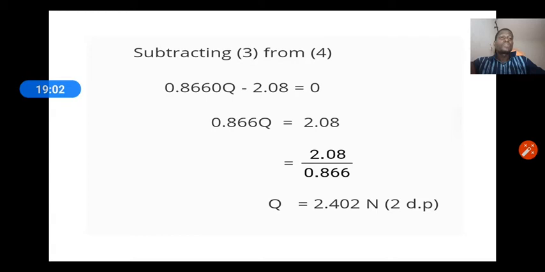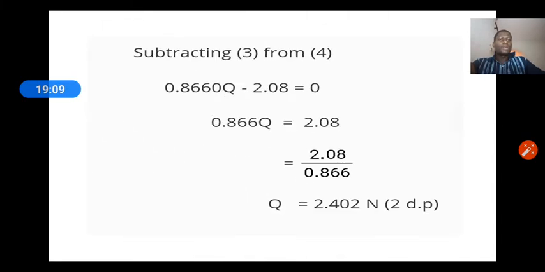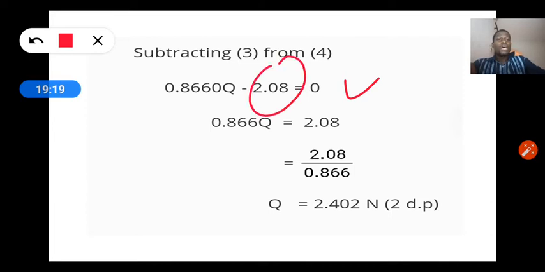Okay, now let's look at the other parts. Subtracting equation 3 from 4, I'm going to have the answer you are seeing on the screen. So making Q subject of the formula, if I bring this one to the other side, I have a positive. 2.08 divided by 0.866.